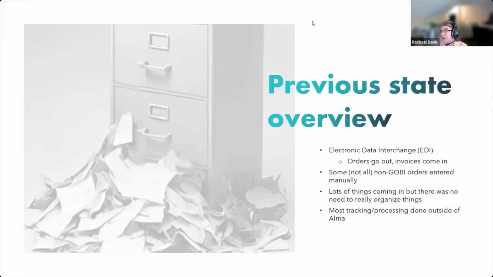We also didn't really process the purchase orders after they got sent out. So while there was a workflow in place to record non-Gobi orders manually, after some staff turnover, this wasn't prioritized. Also, mostly the tracking and processing was done outside of Alma, so it wasn't really necessary to be super tidy.